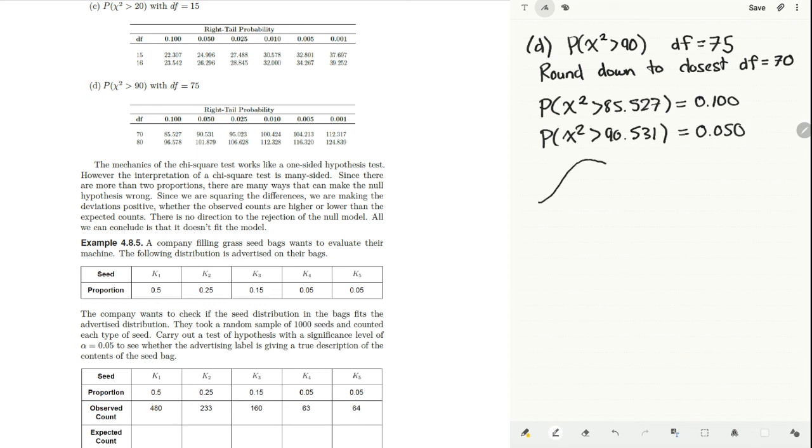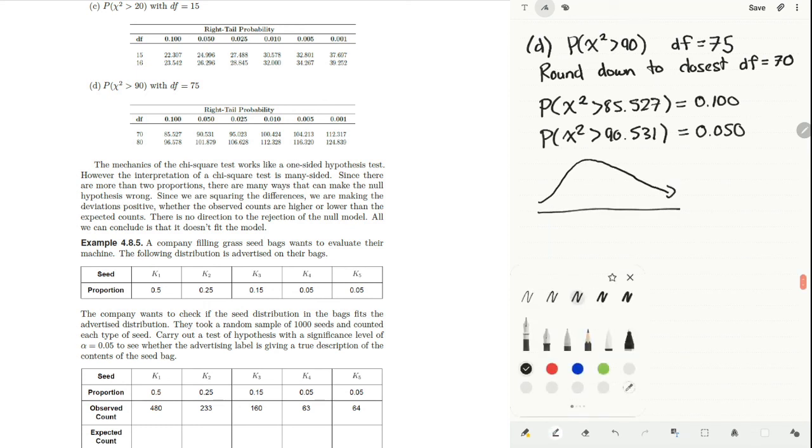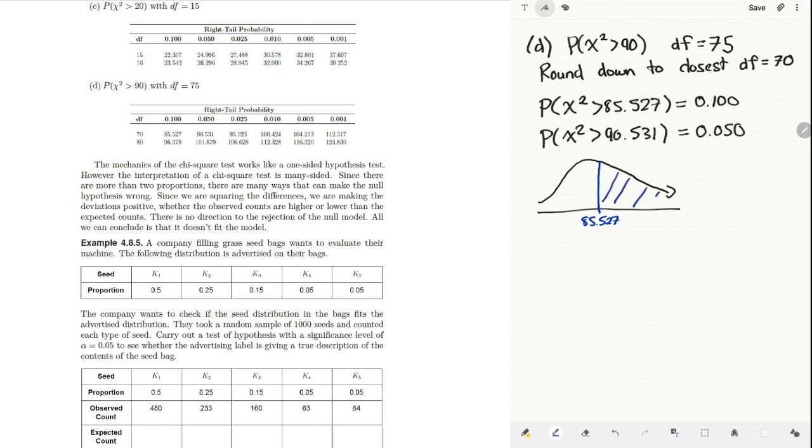Now let's draw what these areas look like under the chi-square distribution. The area to the right of 85.527 is equal to 0.1, and the area to the right of 90.531 is equal to 0.05.